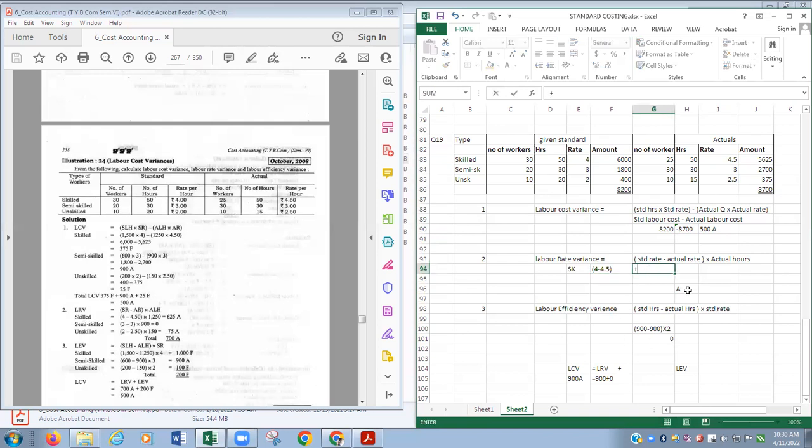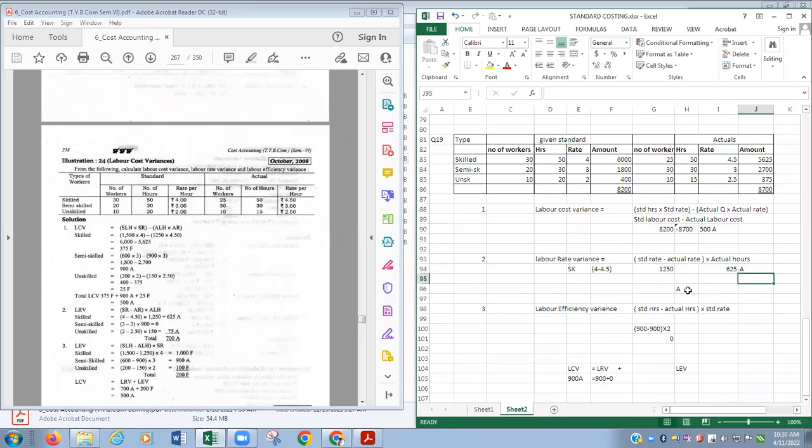So I'll directly do it here. 25 workers into 50 hours. Okay, so that will give me actual hours. So my answer will be 0.5 into 1250. Clear? So give me the answer. 0.5 into 1250, 625. And have we spent more or less? More. Instead of paying 4, we have paid 4.5. So this is adverse. 625.